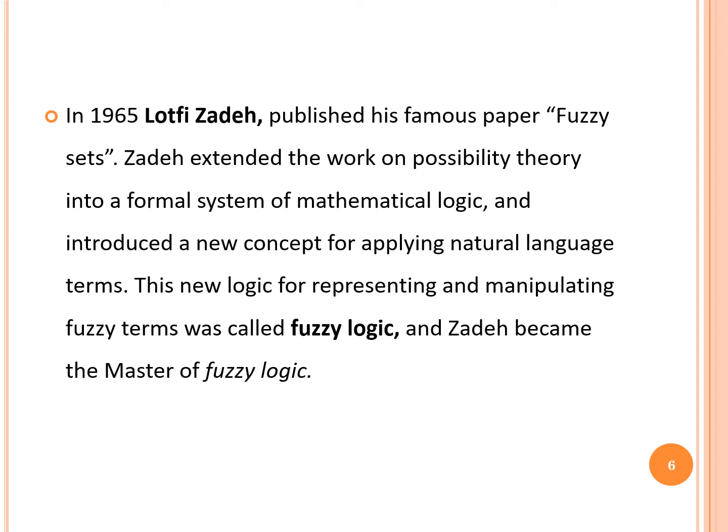In 1965, Lotfi Zadeh published a paper called fuzzy sets, where Zadeh extended the work on possibility theory into a formal system of mathematical logic and introduced a new concept for applying natural language terms.